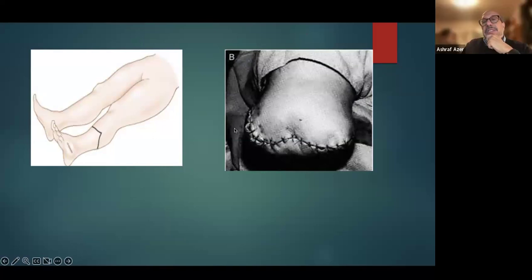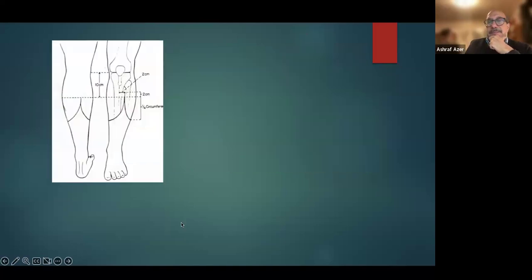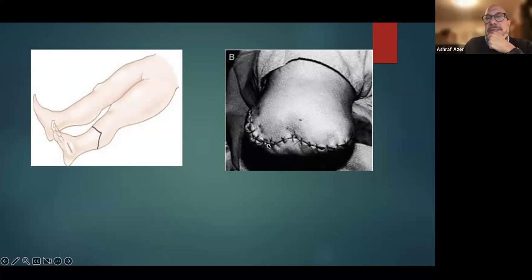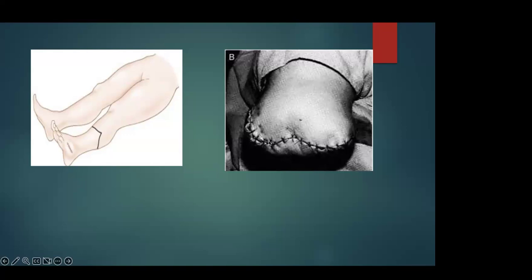What's wrong with this incision? It lies on the weight-bearing surface, essentially at the level of the bone stump. So it may ulcerate, it may have a pressure sore, it may not heal appropriately.